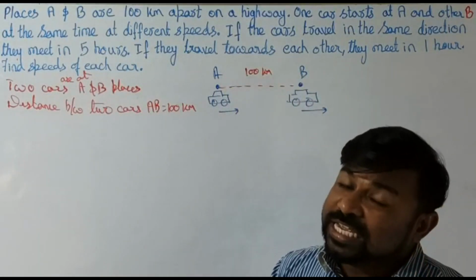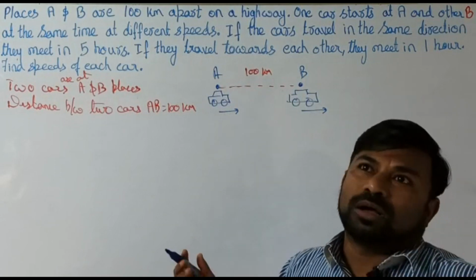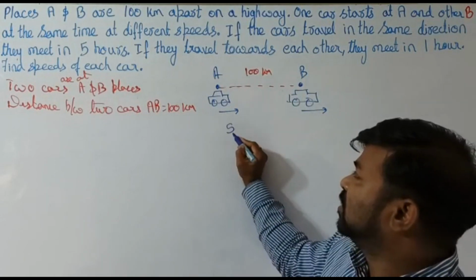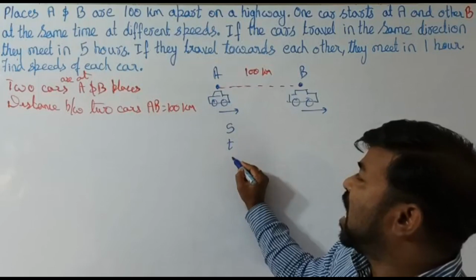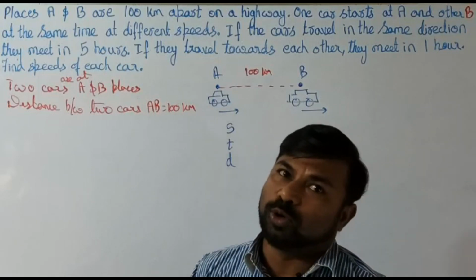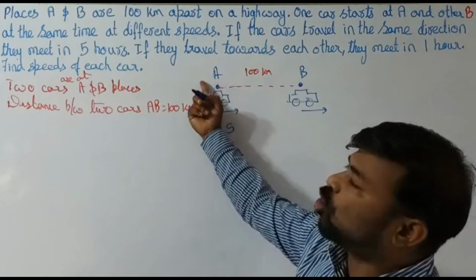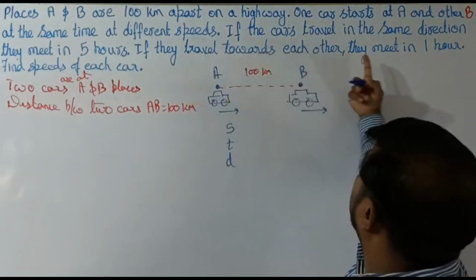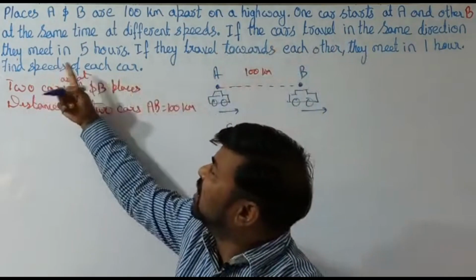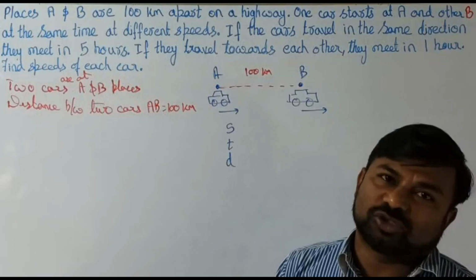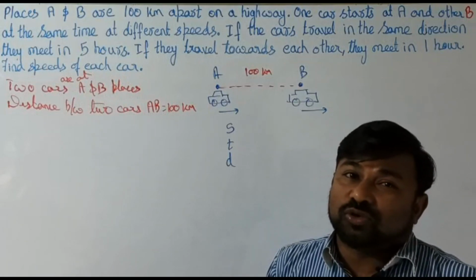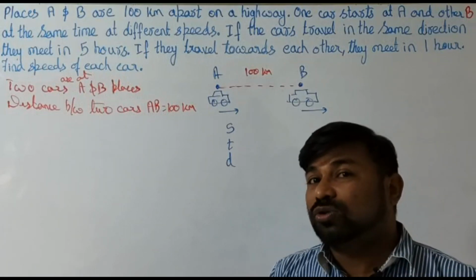Now we need to talk about the three variables: the speed, the time and the distance. We are supposed to talk about all these three. Now let's talk about what is traveling. Find the speed of each car. He is asking us to find the speed of each car, which means we don't know the speed.